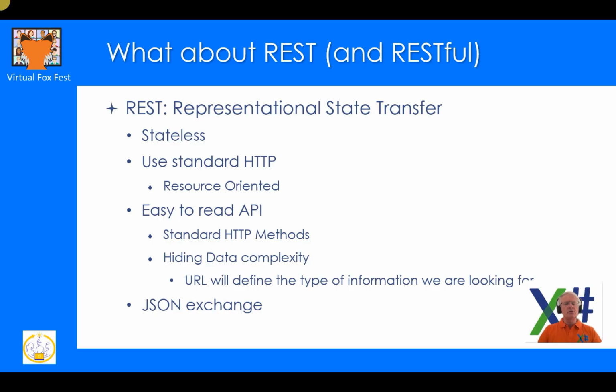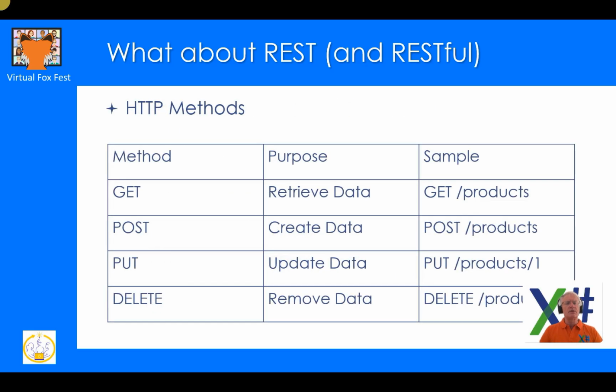So I talked about URL. It is because we're using HTTP exchanges. So when you are querying the server, a REST server, what you will send to the server are standard HTTP queries. So you can have get, post, put, or delete, for example.